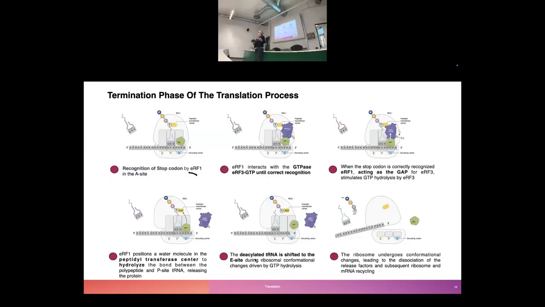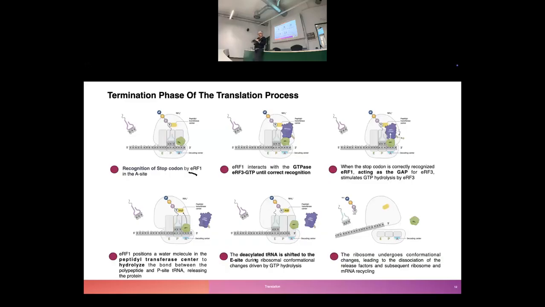And guess what? Which molecule will we find as regulators of this process? Small G proteins. So don't be confused with the name.